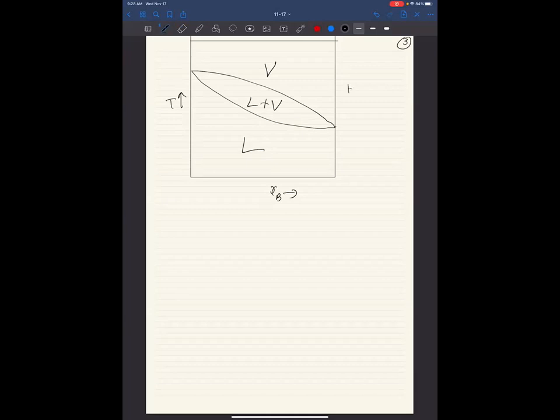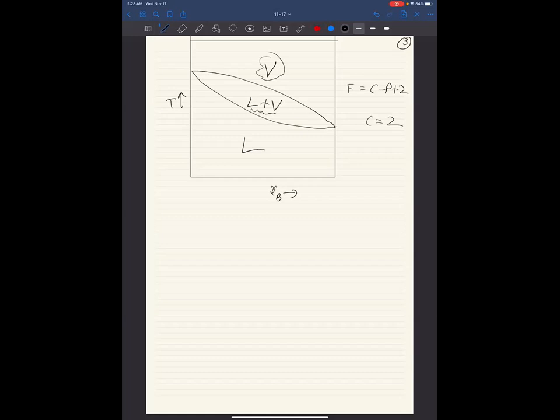So let's think about it. The Gibbs phase rule is F equals C minus P plus 2. How many components do we have? C equals 2. And which phase region are you talking about? So he's saying that in this region and this region, both are two-phase regions, but they seem to have 2 degrees of freedom.